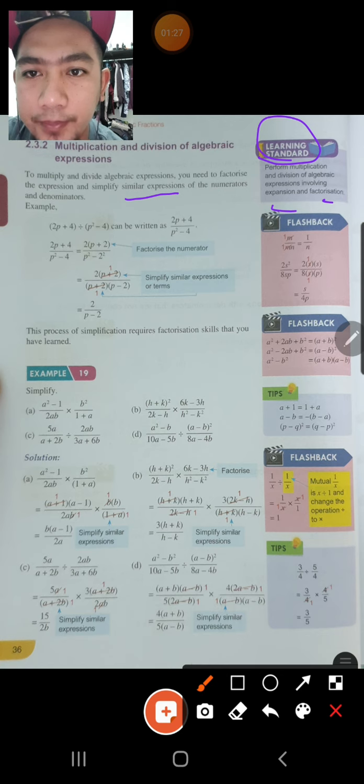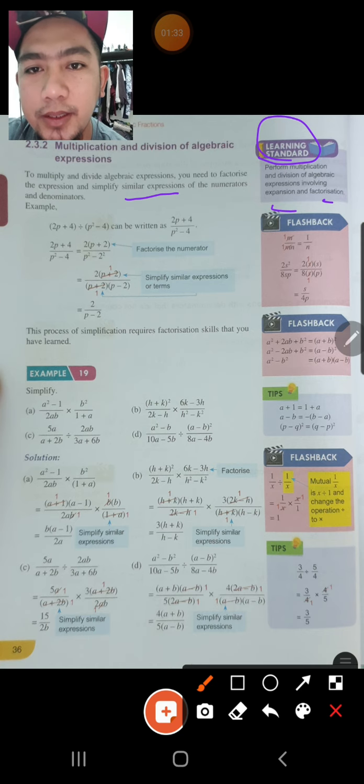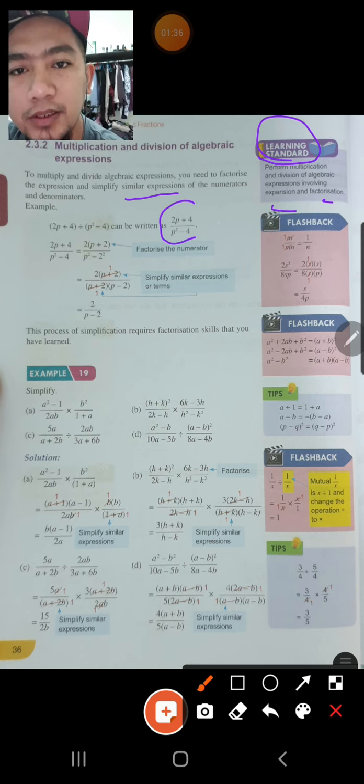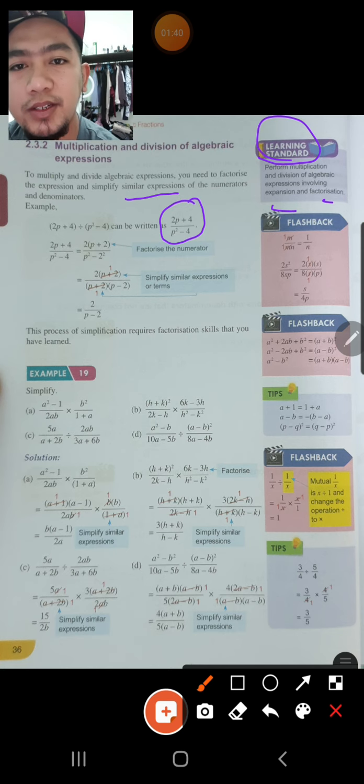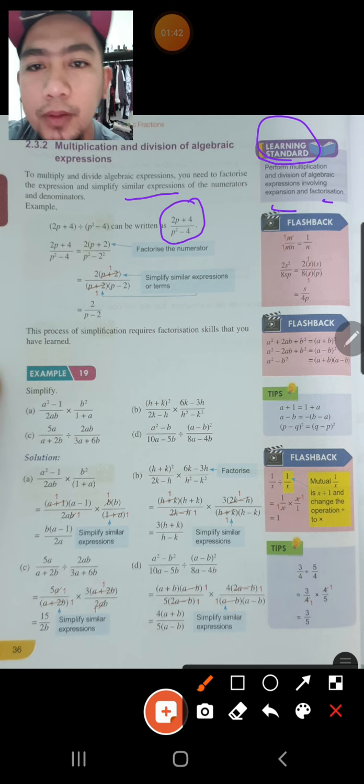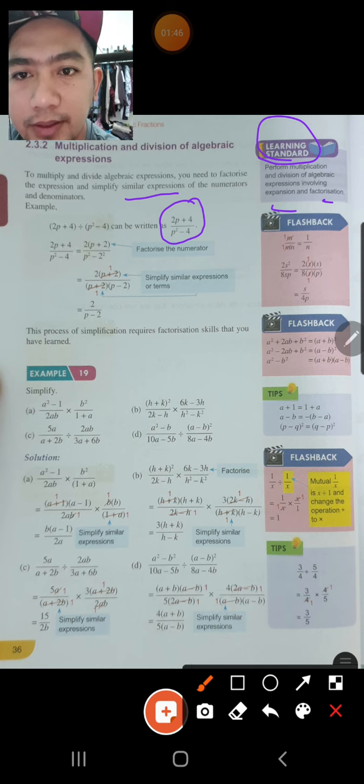Now, 2p plus 4 divided by p square minus 4 can be written like this. Teacher has already explained this to you. Divide you can change to this form, right? And then you have to factorize. 2p plus 4 you factorize as 2 times p plus 2.